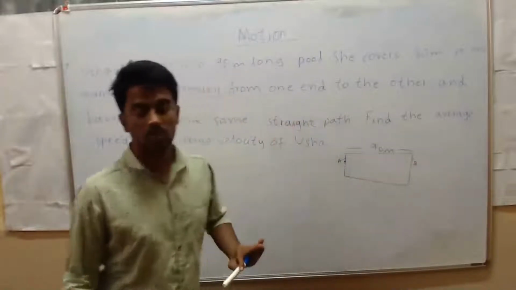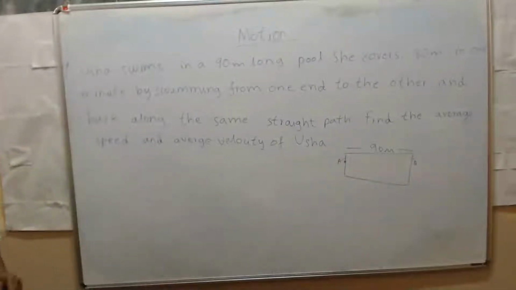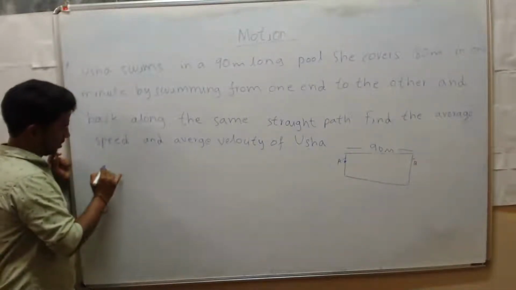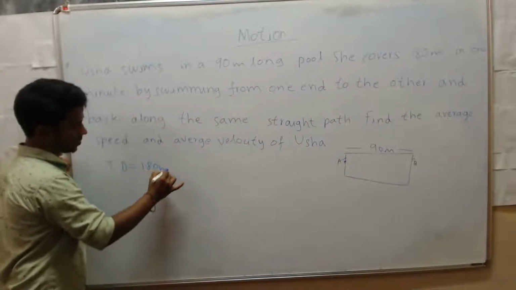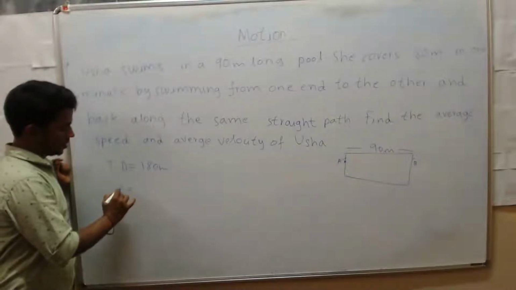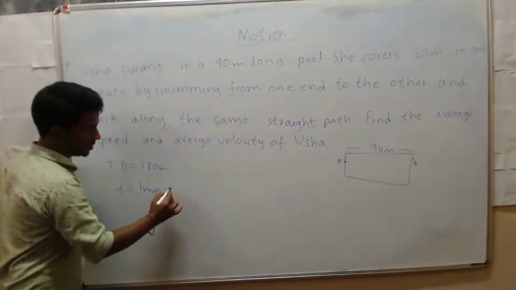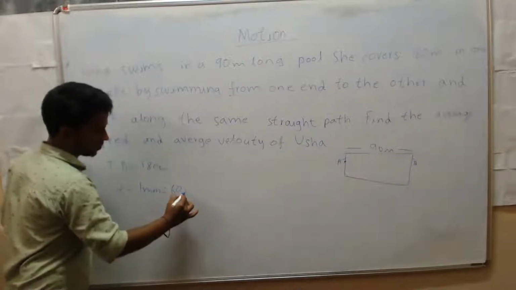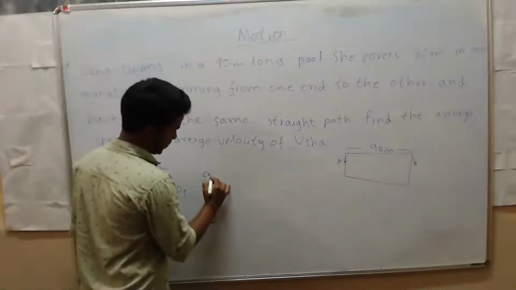Totally, she will cover 180 meter in 1 minute. So total distance is 180 meter. And what about time? Time is 1 minute, so 1 minute means 60 seconds.